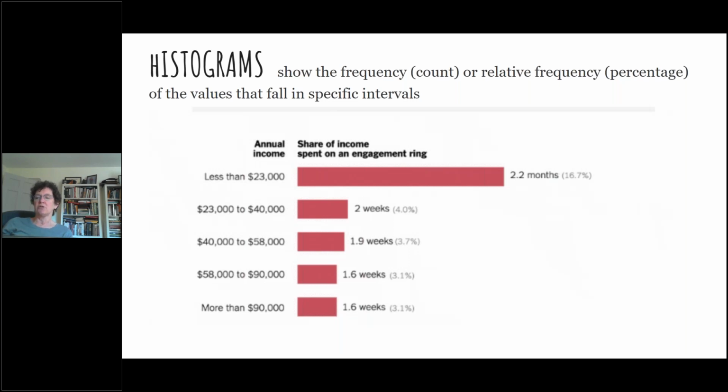If I go to 40,000, what would I multiply that by? 40,000 multiplied by 4%, 0.04. So this is a higher percent.